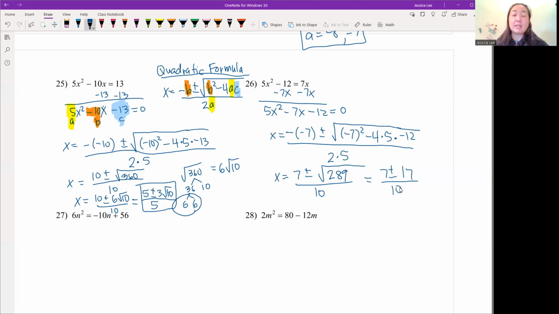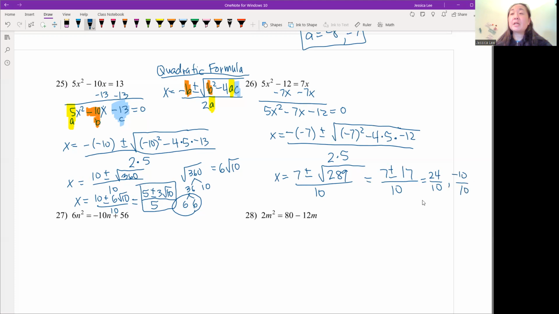Now you can't just leave it like this, because with a radical like the square root of 10, we don't know what it is, so we just leave it as the exact answer. We don't want any rounding. But here we can actually do more. Remember, the plus or minus gives two answers. So 7 plus 17 is going to be 24 divided by 10, and then 7 minus 17 is going to be negative 10 over 10.